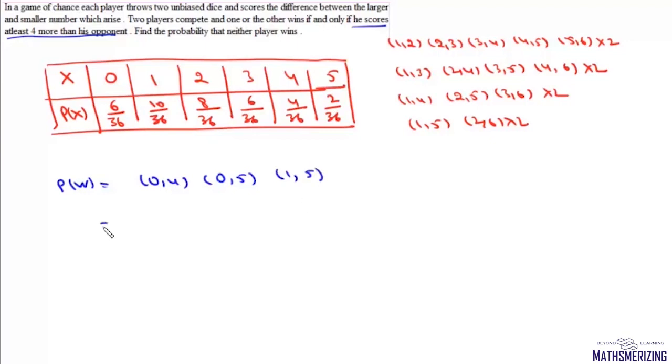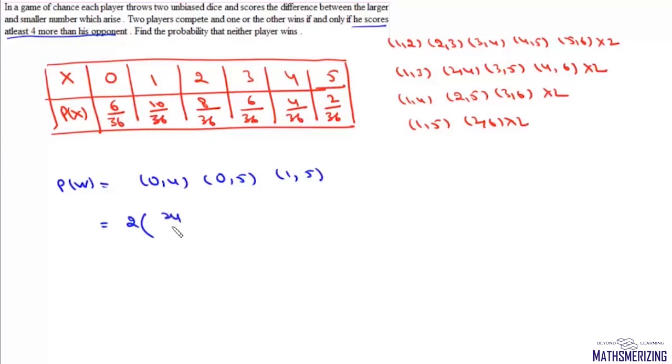So this required probability will be 2 times, because it can be 0, 4 or 4, 0, 0, 5 or 5, 0 and 1, 5 or 5, 1. So 2 times the probability of getting 0 and 4, which is 6 by 36 into 4 by 36.